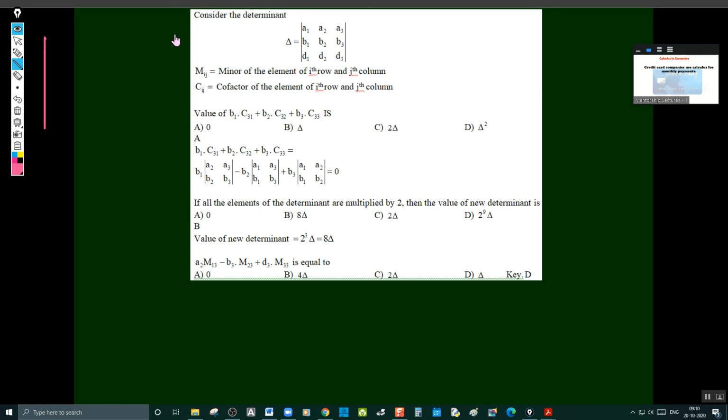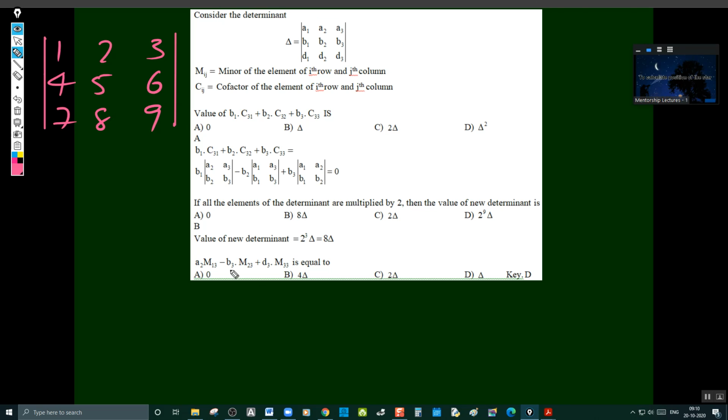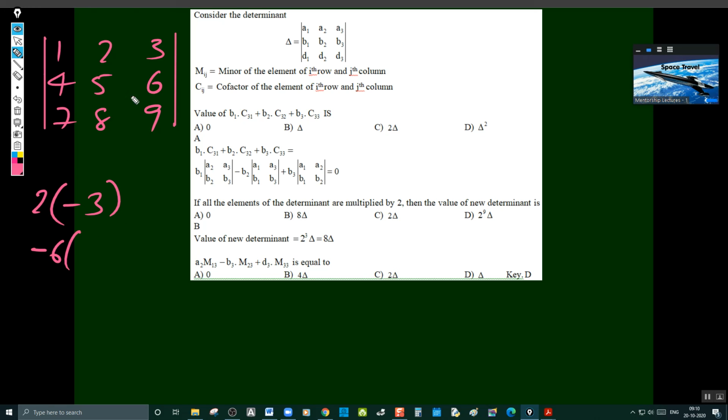If you're not getting it directly, take some values there. It is comfortable if you take it as 1, 2, 3, 4, 5, 6, 7, 8, 9 because we know that its determinant value is 0. And check it out now. A2 is 2 into its minor only. Minor of 7: 12 minus 15, minus 3. Minus B3, B3 is 6, into M23.